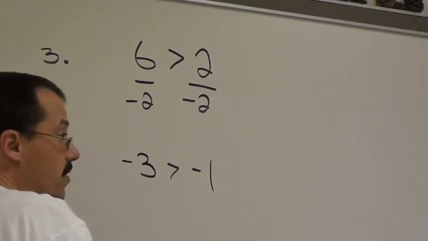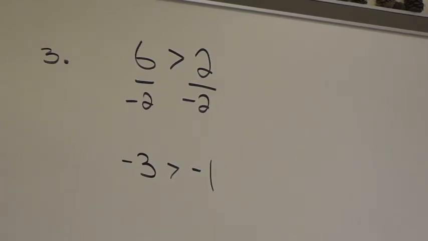I'm going to write this. Do I like to write stuff? No, so if I write it, make sure you copy it down. Here we go. When I multiply or divide, can you see this with the camera?